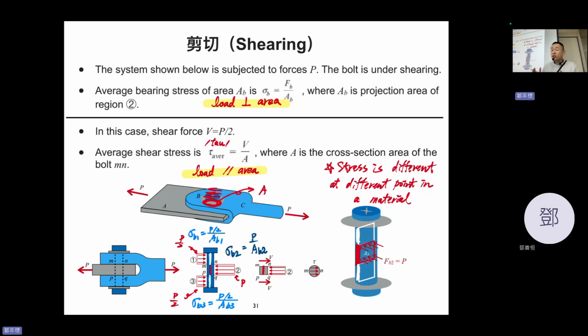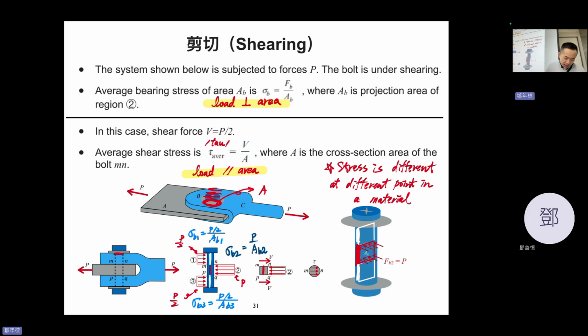Again, if you want to see the force in that material, you cut it, right? So now I want to see this region. This region corresponds to this region, exactly, right? I hope you can see that. Have some imagination. So I want to see this part, I just cut it.